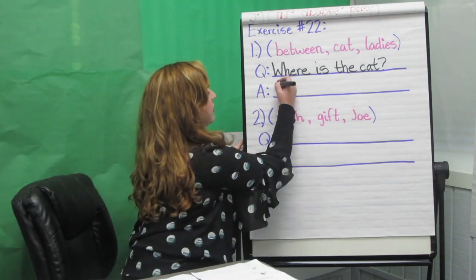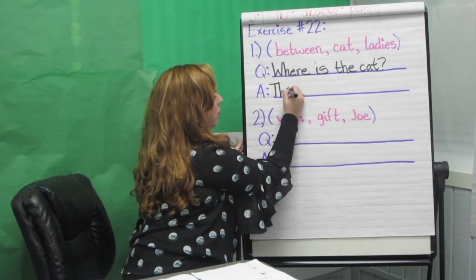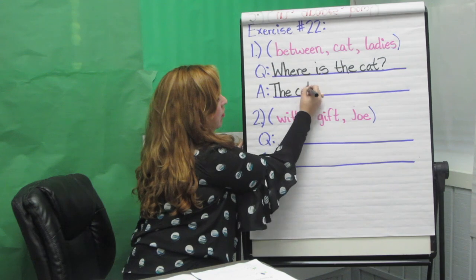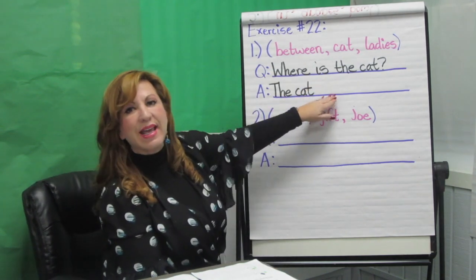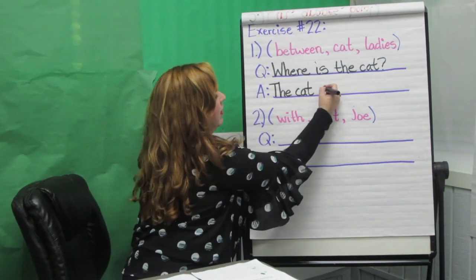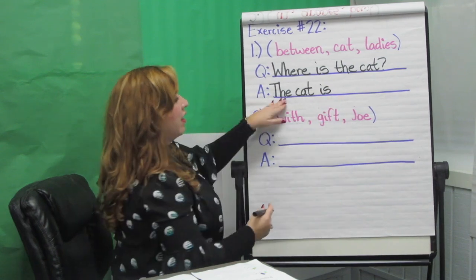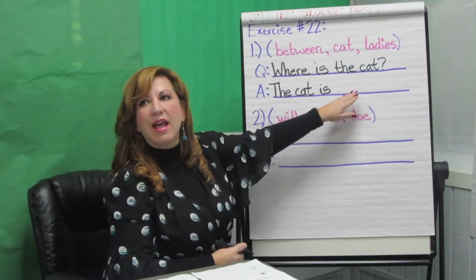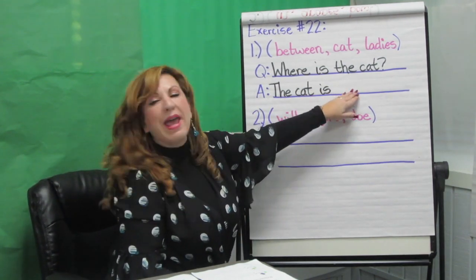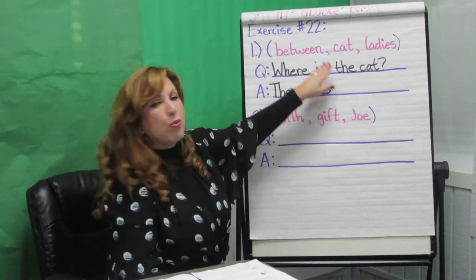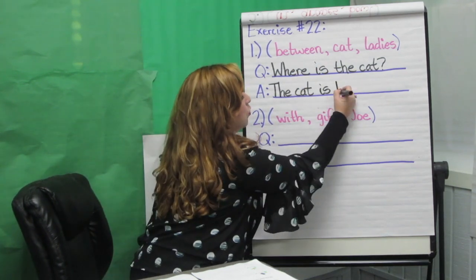The cat is, our helping verb. Between is our preposition.